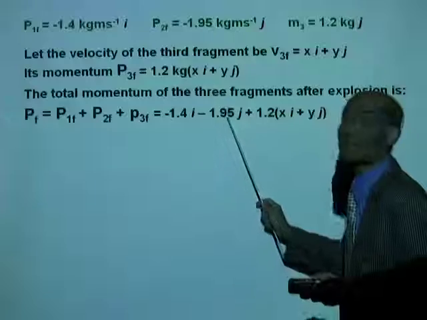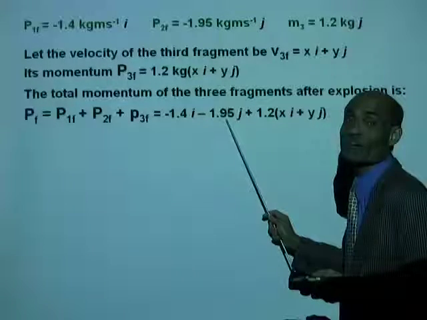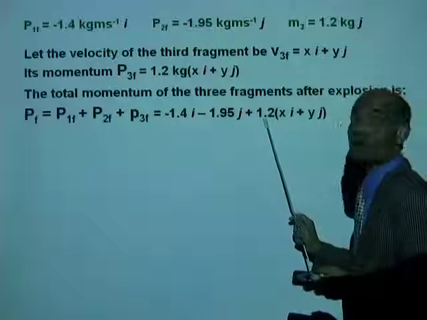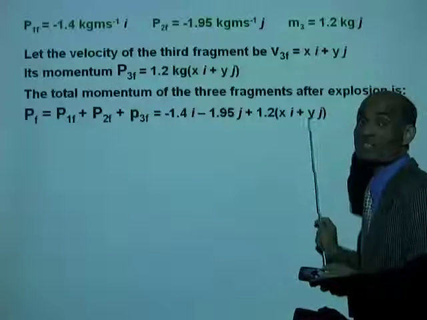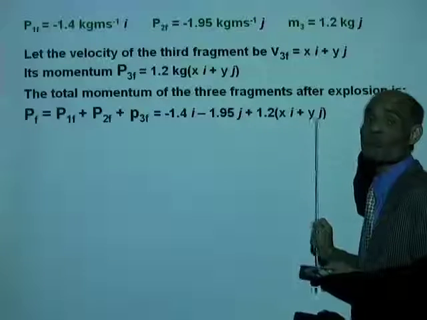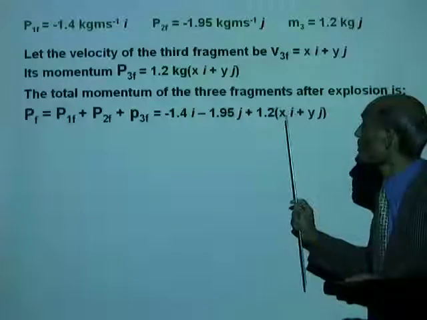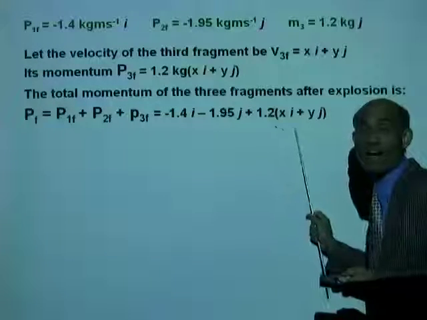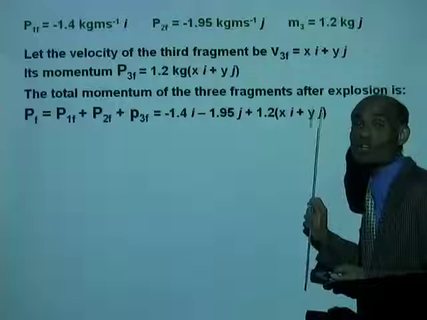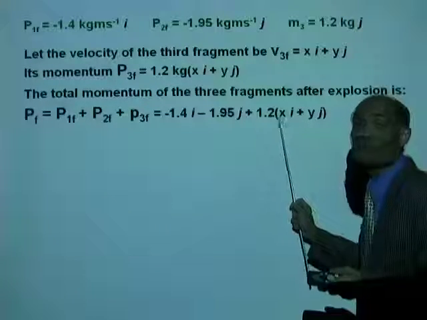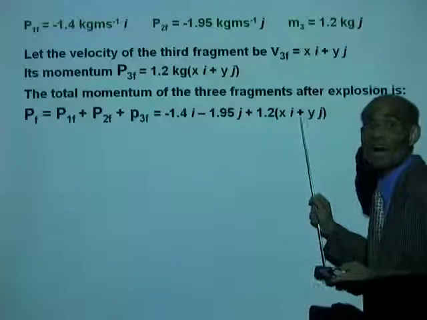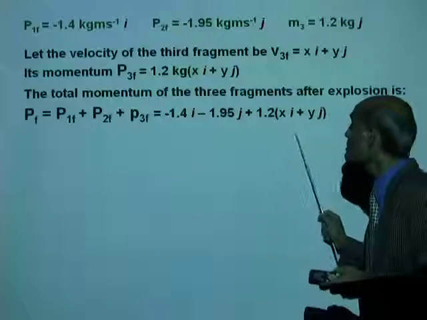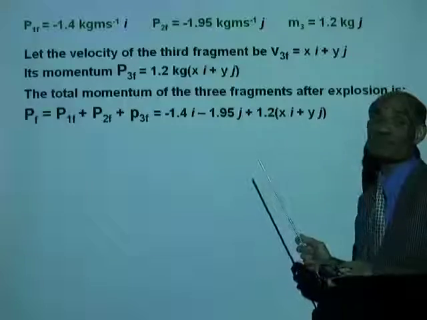This is P2F, negative 1.95. Plus, this is P3F, mass of the third fragment times its velocity in component form. That means the momentum of that third piece has an x component and a y component. What is the x component of this momentum? It will be 1.2x i. And the y component of this momentum is 1.2y j.